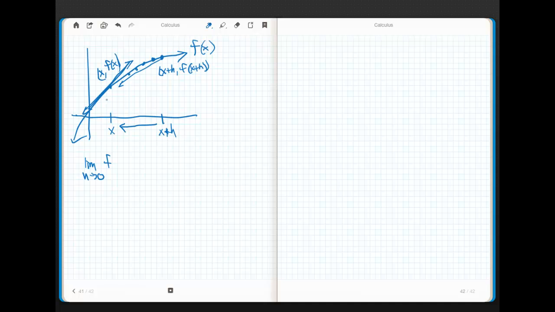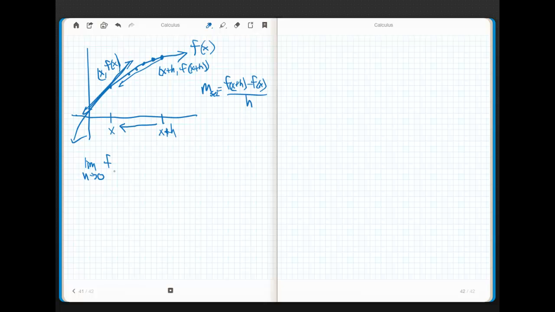So if I want to drag this thing back, I take the limit as h goes to 0, because as h goes to 0, this point goes back to x, and then it's just the slope. Let's talk about that. The difference quotient is the slope of the secant line, which is f of x plus h minus f of x, all over h, since x plus h minus x is h.